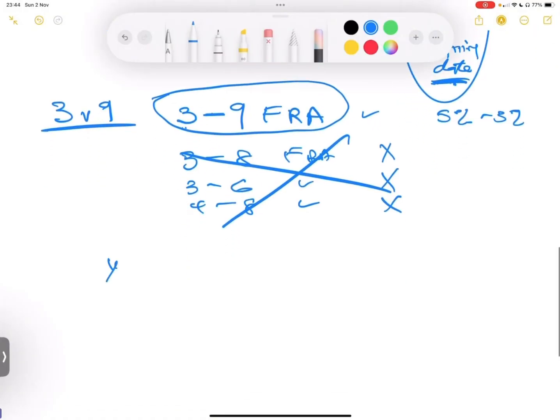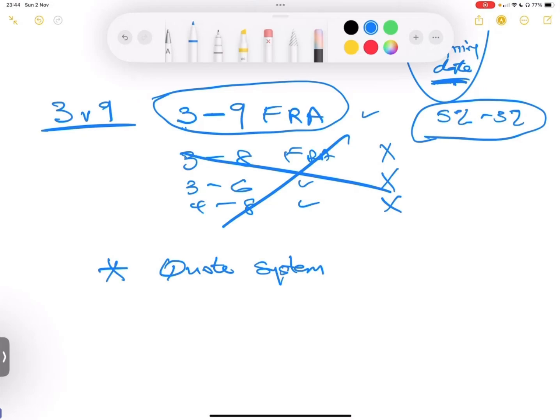The next thing you need to note about how this is different is the way the quote system is, which you might probably have seen an idea here. You remember when we're doing currency, we always say there is a buy rate and there is a sell rate. And we believe that bank will always sell at a higher rate than the buy rate.